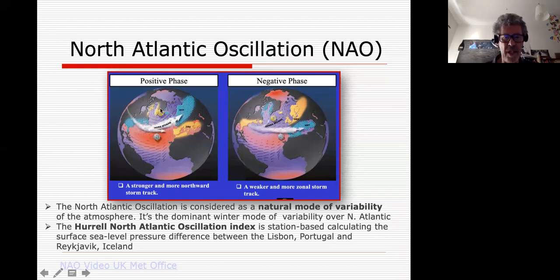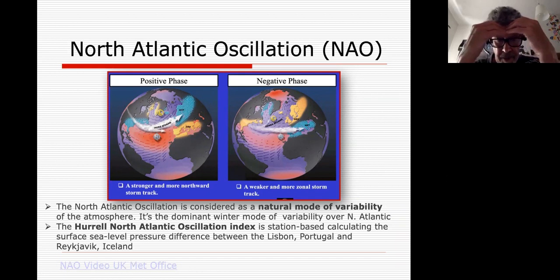This means that whenever you have a change in this pressure gradient, more or less the weather pattern and the climatic pattern change this way. And this is the strength of the NAO index.